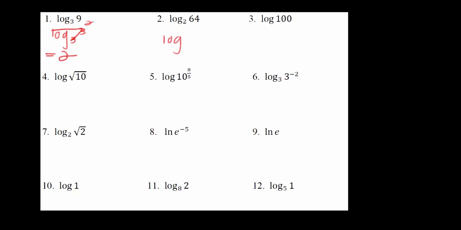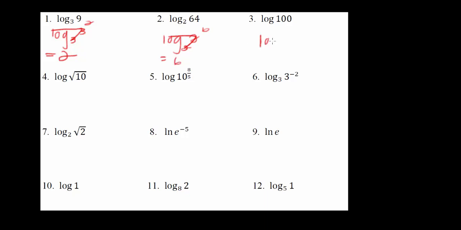So let's see, 2 squared is 4, and 2 cubed is 8, and 2 to the power of 4 is 16, to the power of 5 is 32, to the power of 6 is 64. So instead of saying 8 squared, I'm going to say that 64 is 2 to the power of 6, and I keep my base of 2. Therefore, my logarithm of 2 and its base cancel, and I'm just left with 6.